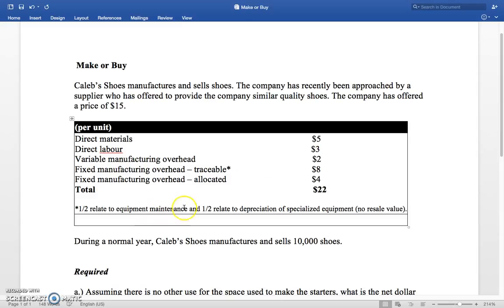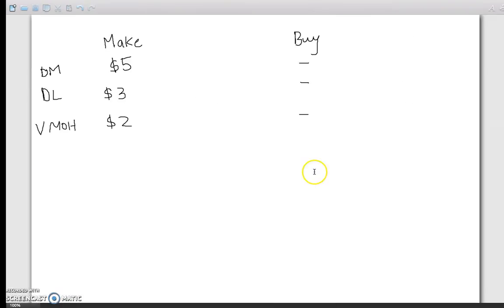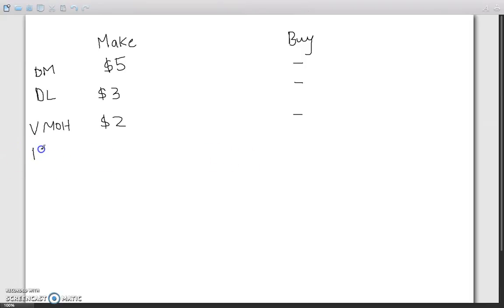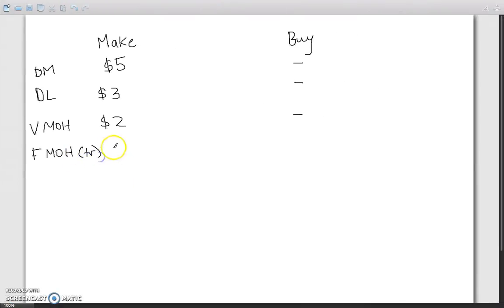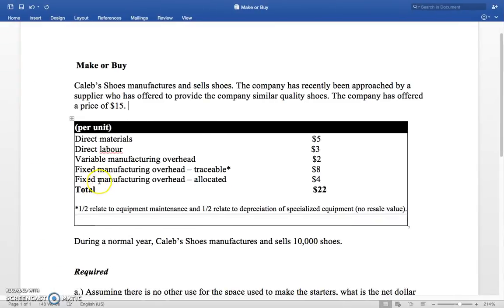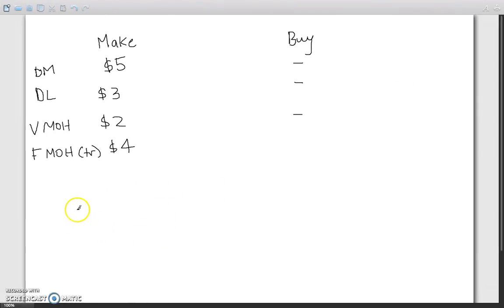So equipment maintenance is indeed avoidable, and it is relevant to this decision. So only half of the 8 is going to go into our decision. So fixed manufacturing overhead, which is traceable, is only $4, right? And finally, we have fixed manufacturing overhead, which is allocated. Again, I'd like to explain this in more detail.